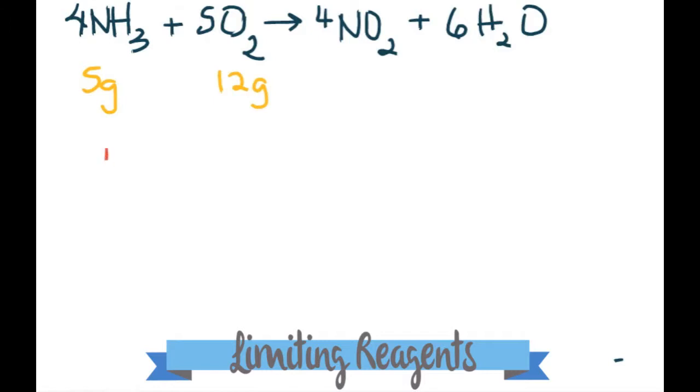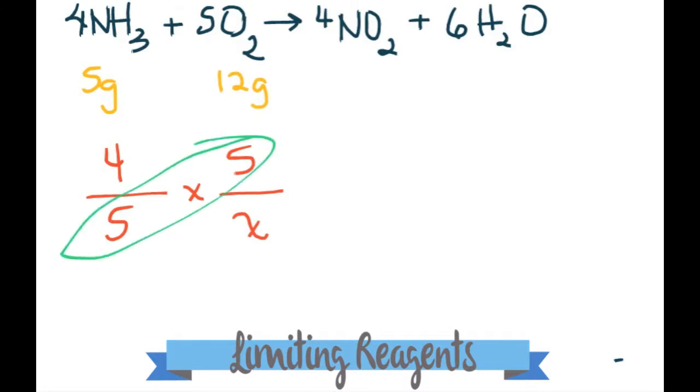We know that we have 4 NH3s and 5 grams of it. We also have 5 oxygen molecules, and let's say we have X grams of it. The reason we put X is because we're trying to find how many grams of O2 is needed with 5 grams of NH3.